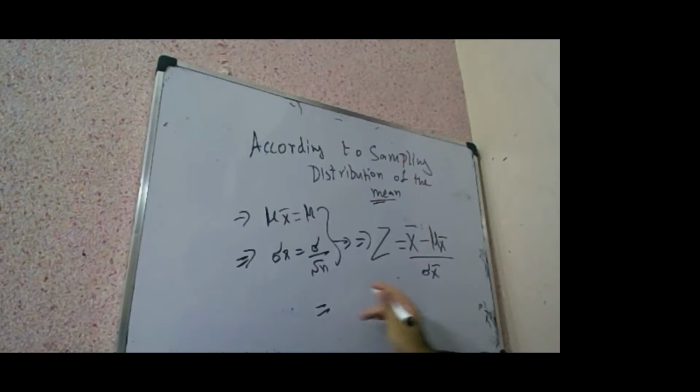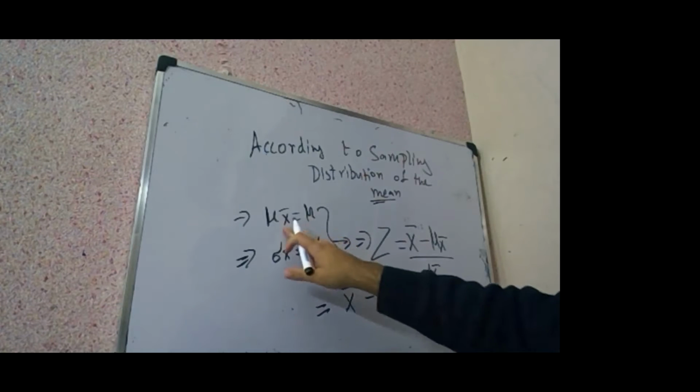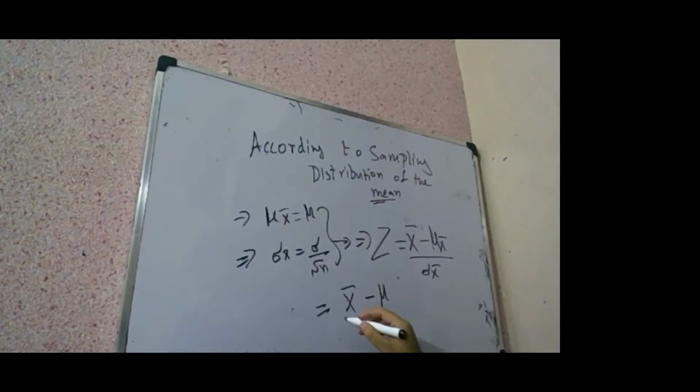So here we have the sample mean and the standard deviation of the sample mean, which leads us to x bar minus mu, putting mu instead of mu x bar, upon sigma over under root n.